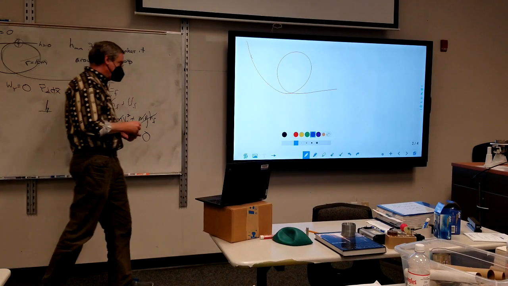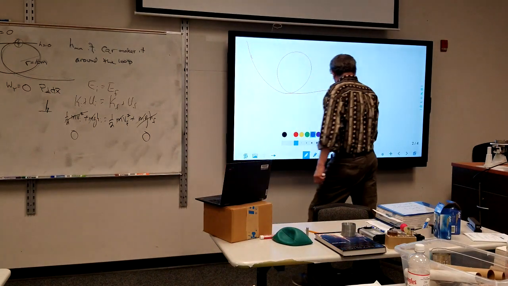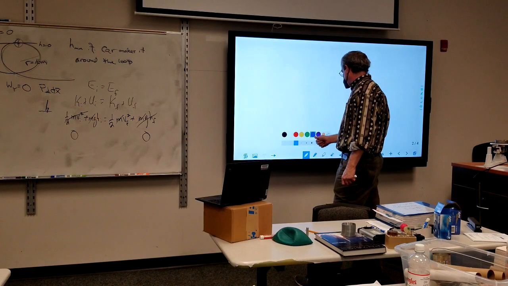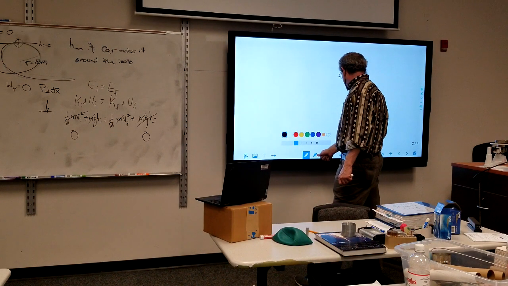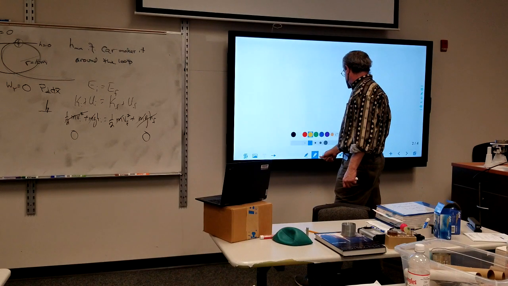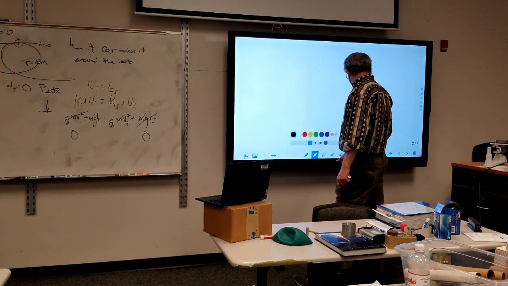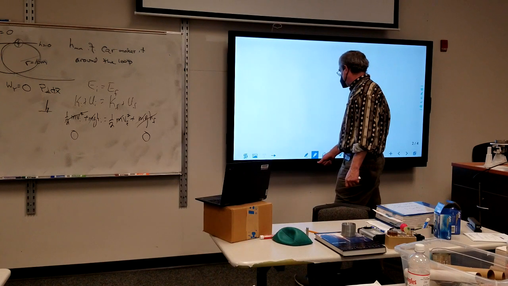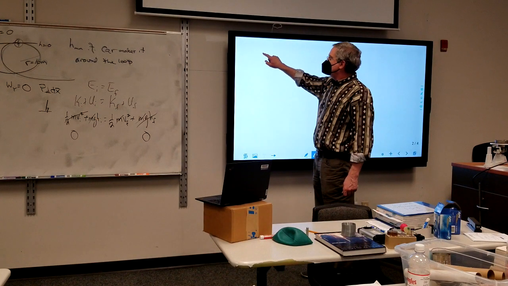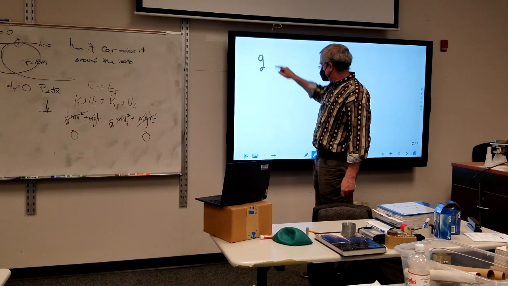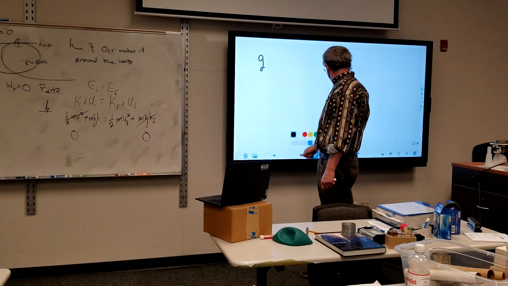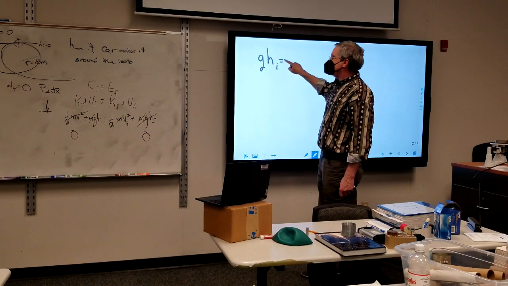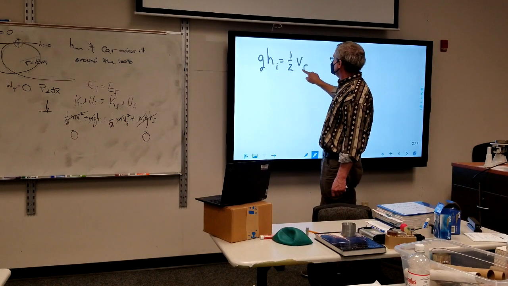So we have taken this and simplified it down. Let's find out how well this will show up. So we now have g h initial is equal to 1/2 vf squared.